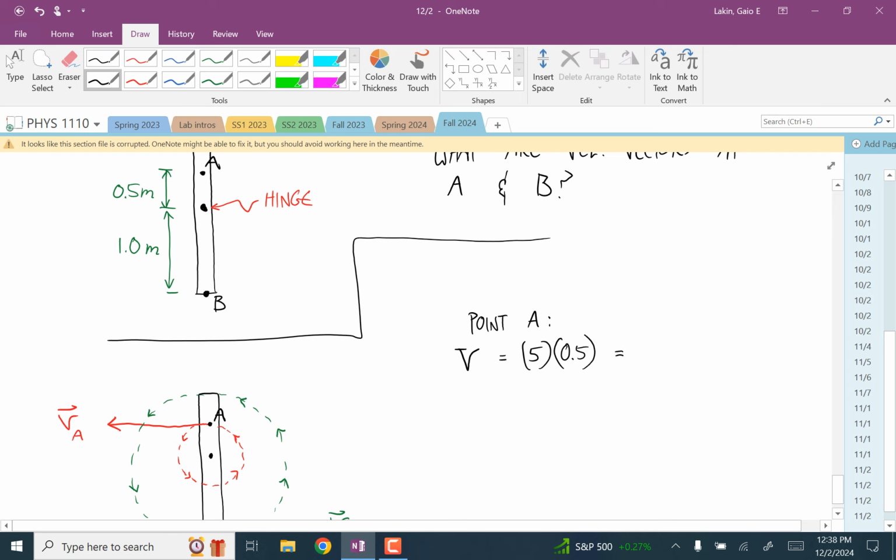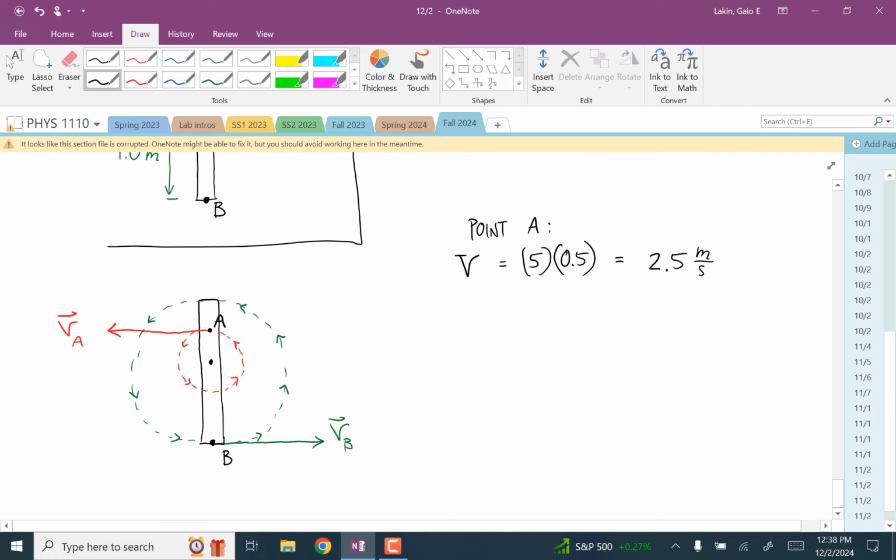And so this is 2.5 meters per second. Now, if you look at the picture of the velocity vector at A, that's in the negative x direction. So the velocity vector at A is negative 2.5, 0.